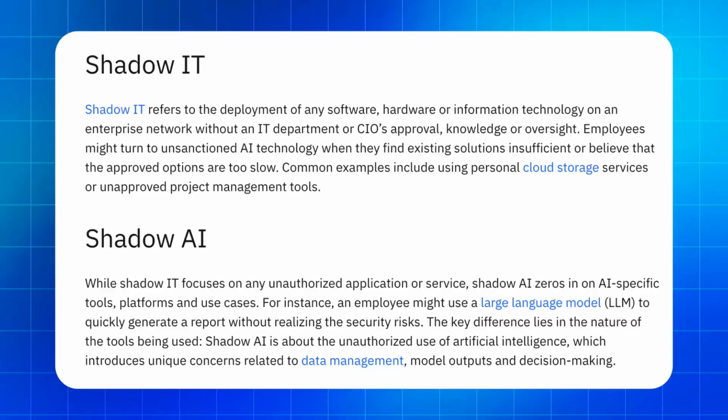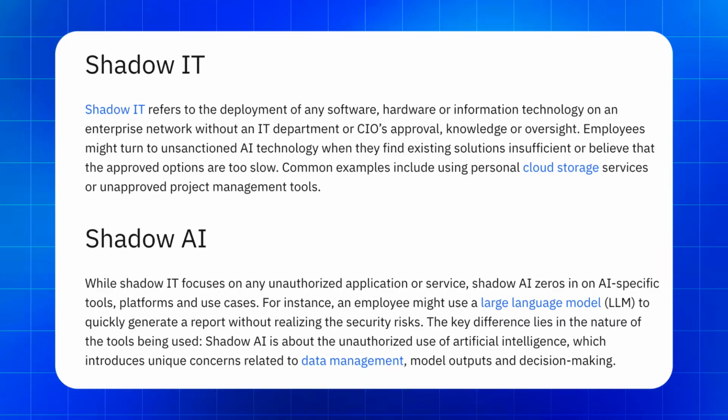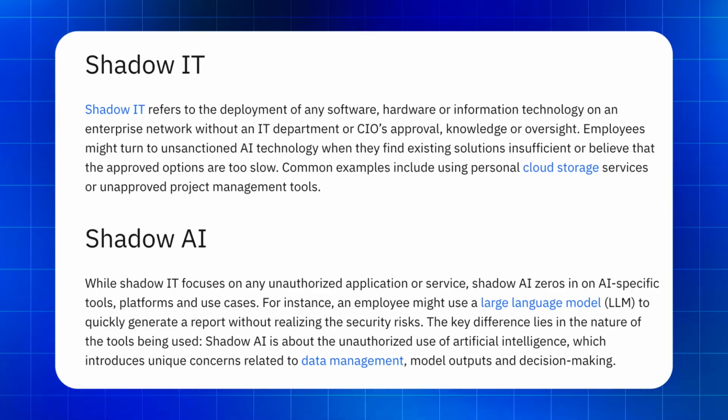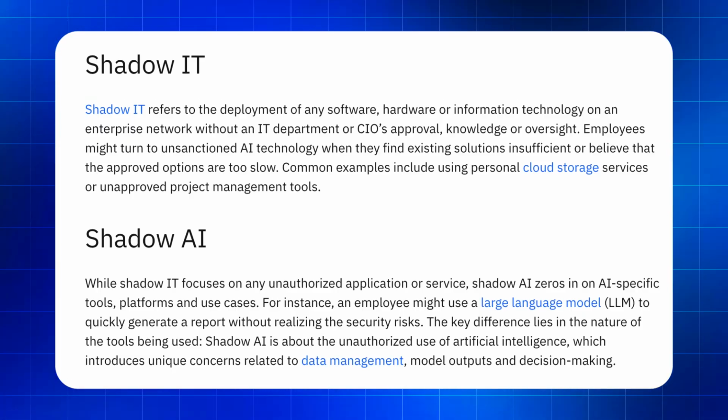It's the AI equivalent of shadow IT, which has been a problem for years, but its order of magnitude can be a lot more dangerous. Here's why. With shadow IT, maybe someone signs up for a project management app that IT doesn't know about. Annoying, yes. Risky, a little. But the blast radius is limited. With shadow AI, the risk profile is completely different.